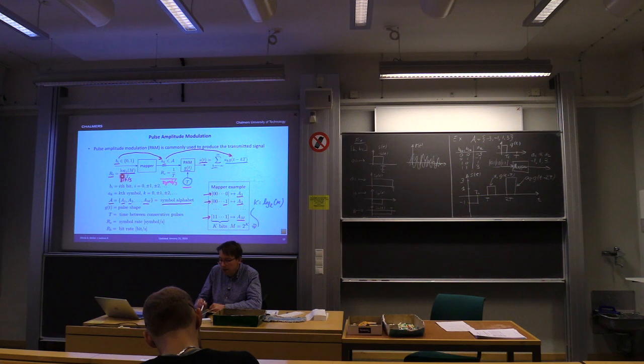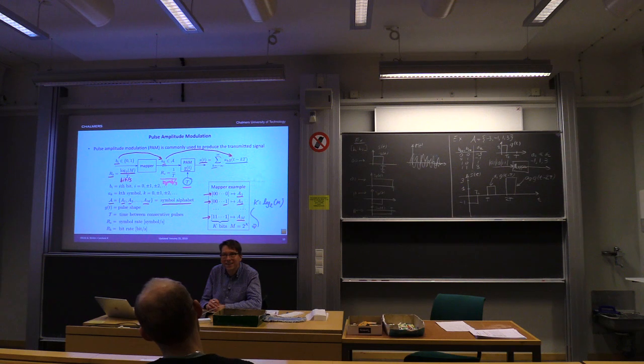So which one is highest, the bit rate or the symbol rate? There's no break until somebody answers. The bit rate, right? And why is that? It's because we carry more than 1 bit per symbol.